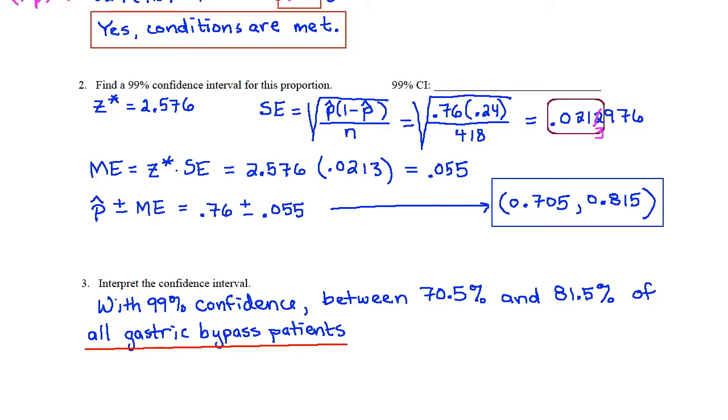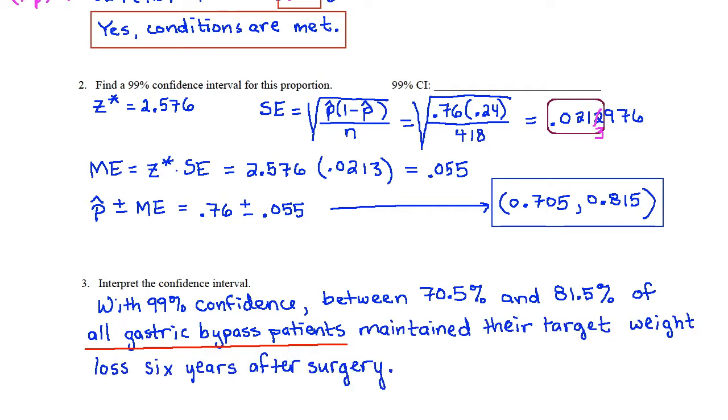So between 70.5% and 81.5% of all gastric bypass patients. And now what we're counting is those who maintained their weight loss 6 years after surgery. All right, so we're following the general model for a proportion of the population that, and then we indicate what it is that we are counting.